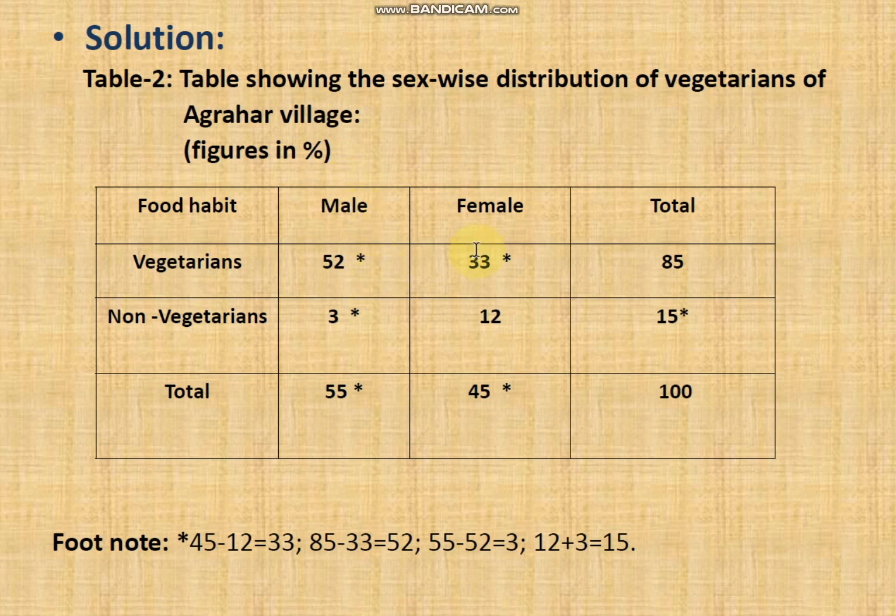Since you cannot write percentage everywhere, it may look odd, so you are just mentioning it here. Now the data has been divided into food habits and gender. There are two food habits, vegetarians and non-vegetarians, and the gender here is male and female.